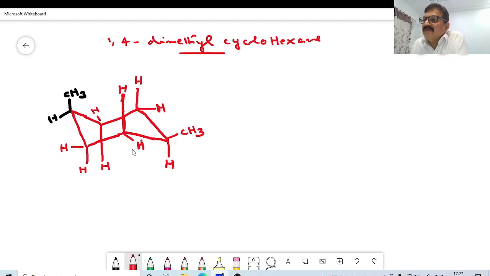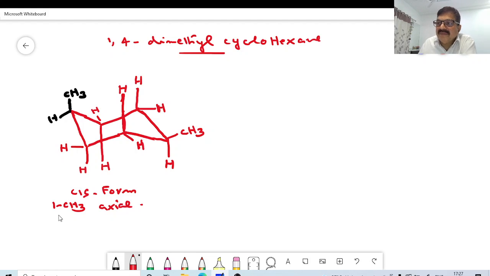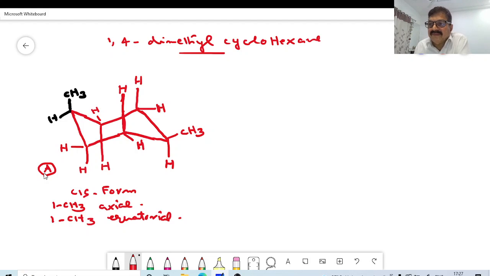This is one conformation. This will be the cis form: one methyl axial, one methyl equatorial. So we have shown here this is cis conformation A. We can just name it A. Now, ring flipping, what will happen? This will change.